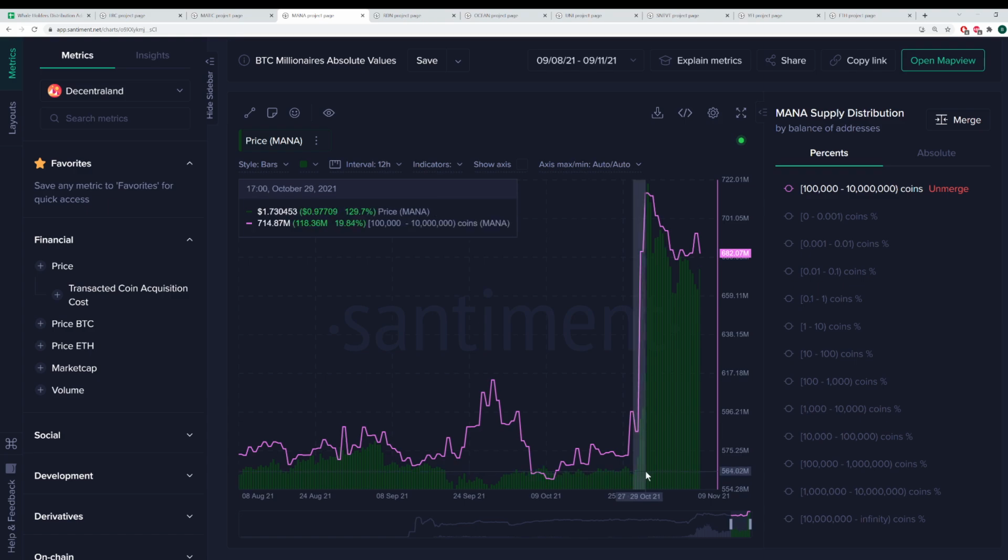a massive rise. The price jumped about 373% in less than 3 days, which is quite insane even for cryptocurrency.